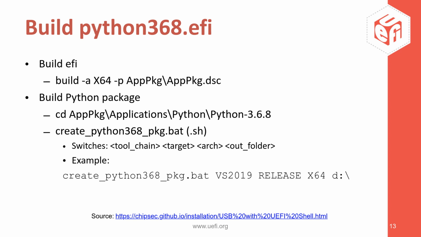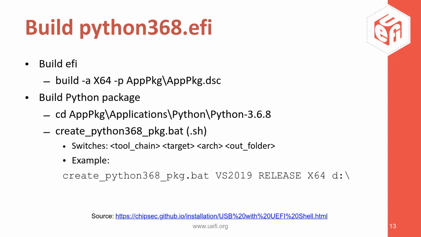If you want to create the Python package, this step again creates a folder containing all of the needed libraries and files required for the shell. It pulls everything into one place, copies it, self-contained. So there are two scripts for this: a .bat for Windows, and a bash script for Linux.